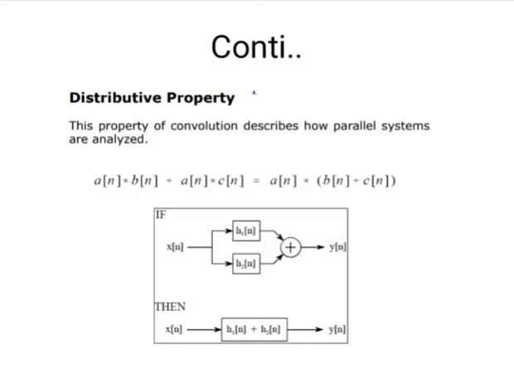A straightforward way to show that an LTI system has this property is to start by considering a complex exponential.